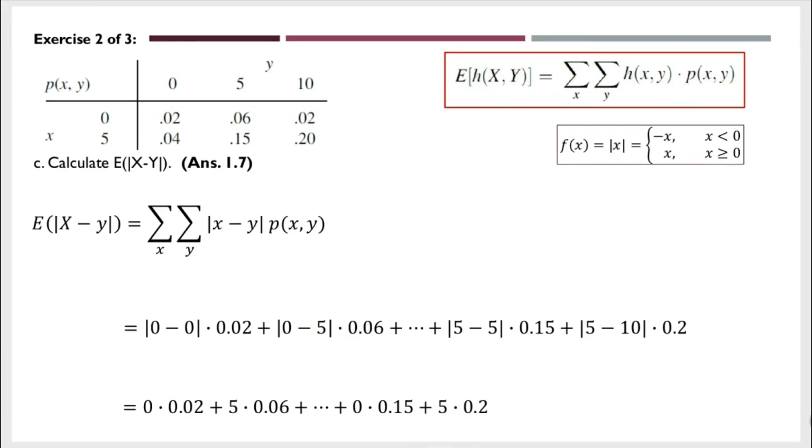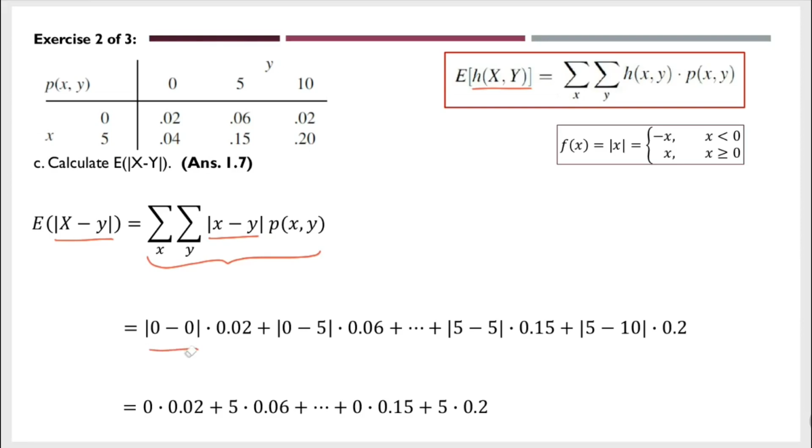And then for part B, this is just an application of that absolute value that we were looking at. So once again, you go through every single pair. So 0, 0, 0, 5, and so on. And then you'll substitute in here. In this case, our h(x,y) function is the absolute value of x minus y, which is in there. So what you'll do now, we start off with 0, 0. So 0 minus 0 will give you 0.